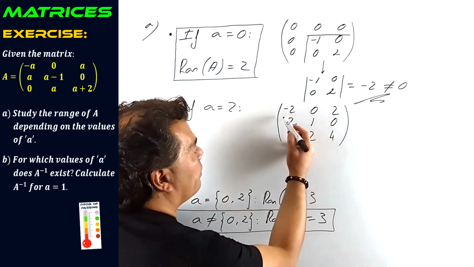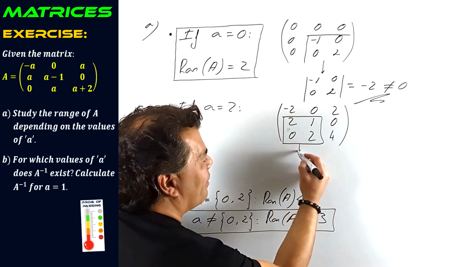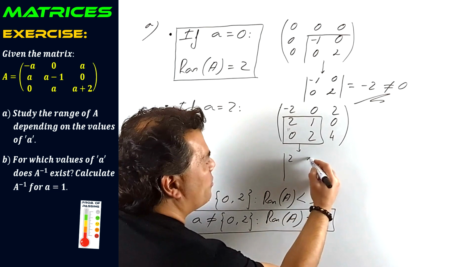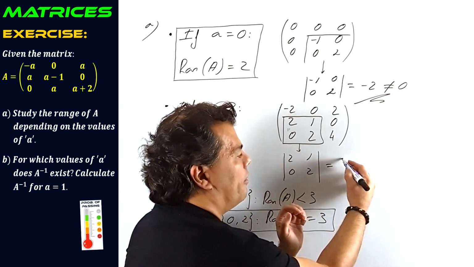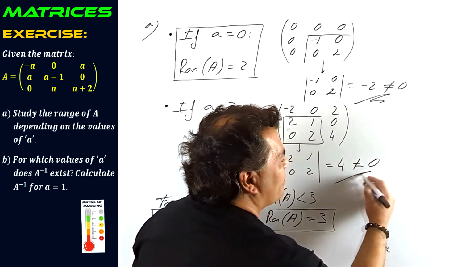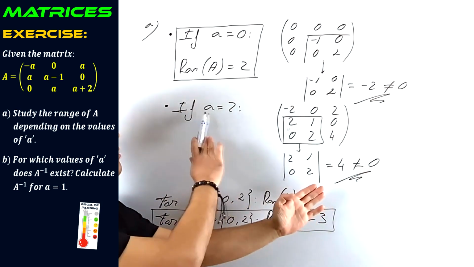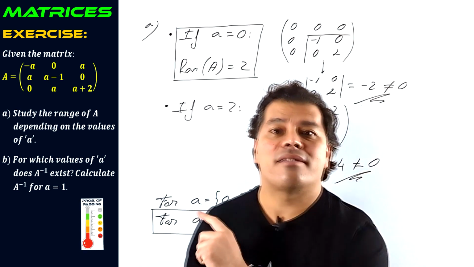Just try to find a little determinant of order 2 different from 0, and this one, 2, 1, 0, 2, which equals 4, different from 0, means that for the parameter being 2, our matrix has range 2.